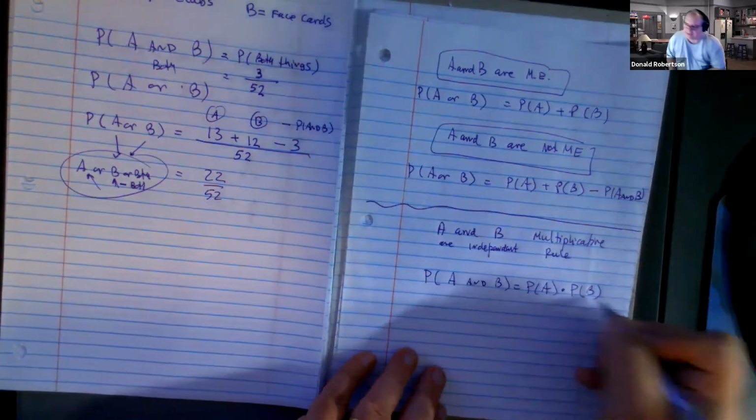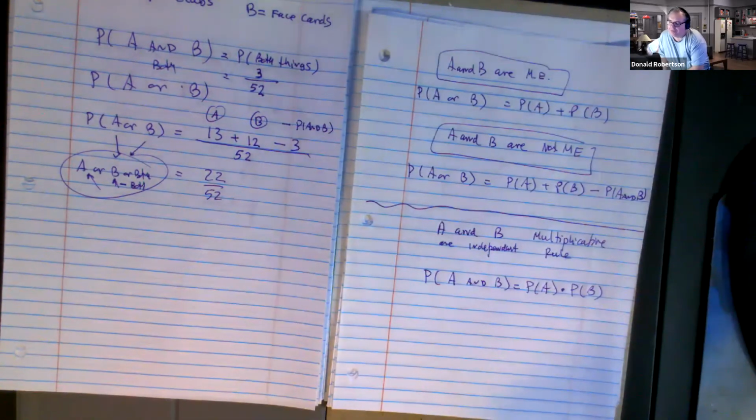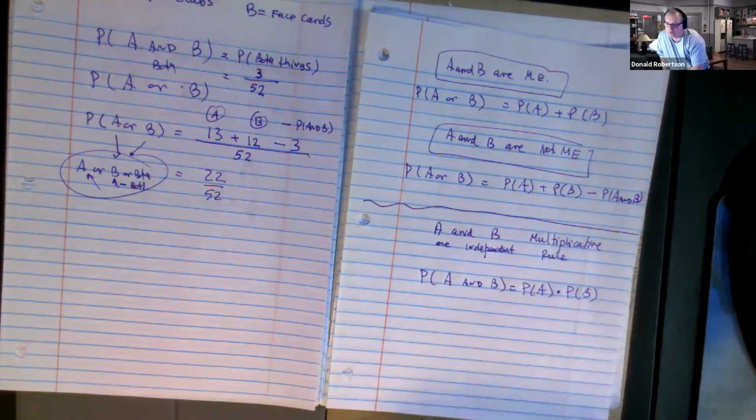That's called the multiplicative rule. Like you throw a coin, it's a half, you throw a different coin, it's a half. So the chance that both are heads is a quarter. If they are independent, then the multiplicative rule will work.